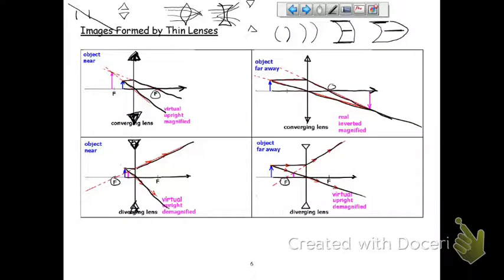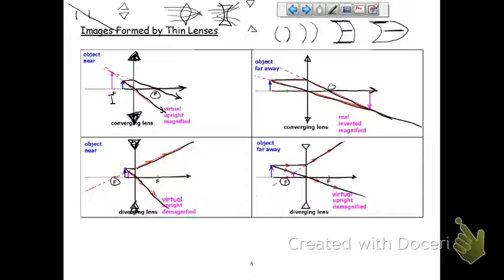We see different outcomes. These two never converge, so we've got to back project them. They appear to come from here. My image. Now we've got to be careful, because my image is to the left of the lens, but it's not real.